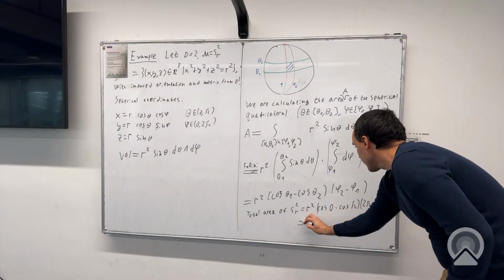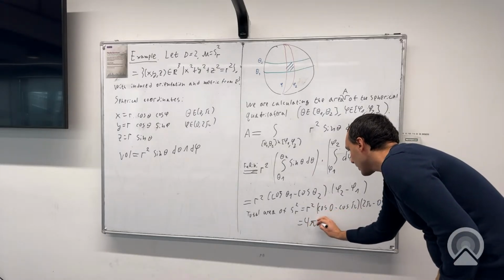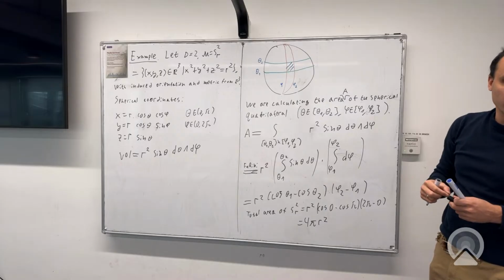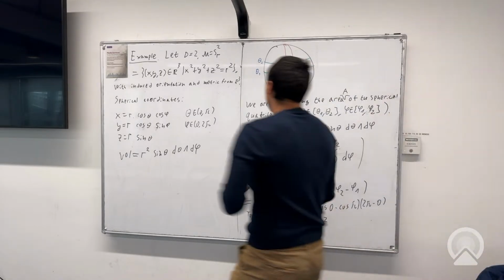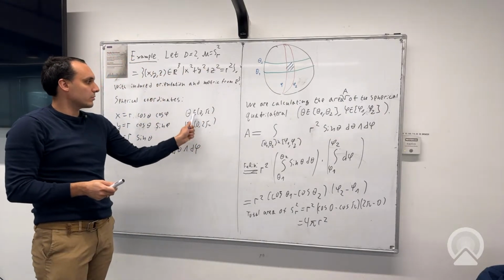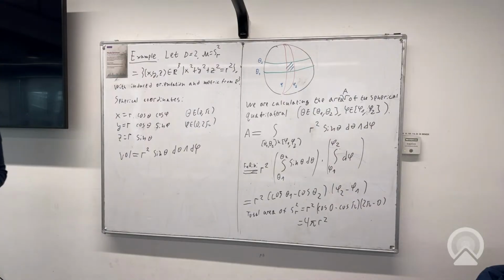And this is 2, this is 2 pi, it becomes 4 pi r squared, which you should know. Okay. So the total area will be when we span the whole interval, so both theta and phi.